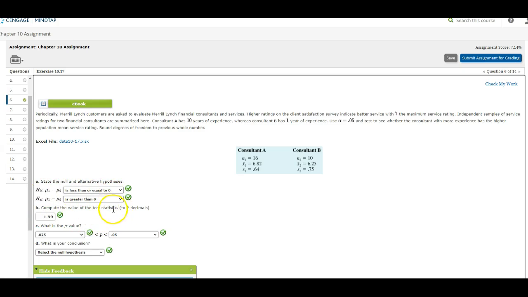So we compute the test statistic, and I'll show you how we do that in a moment, to 2 decimal places, 1.99. Then they ask, what is the p-value? Now, with this calculated t-value, what we're using here is a t-value because we don't know the population standard deviations.